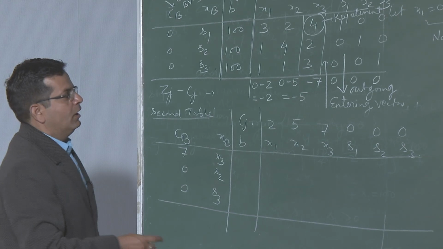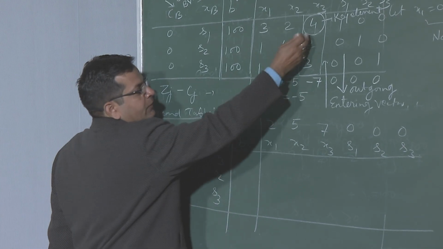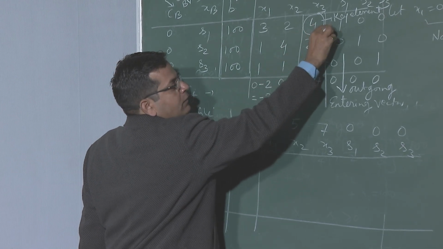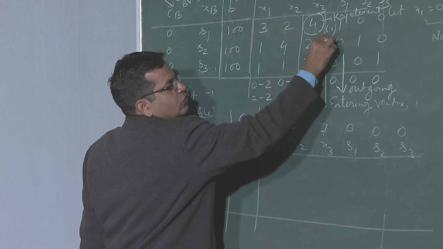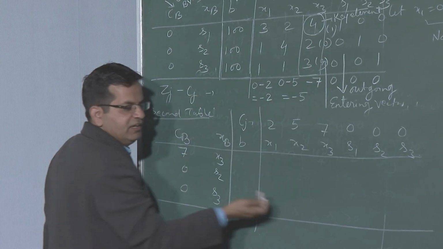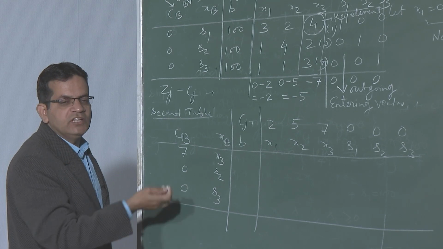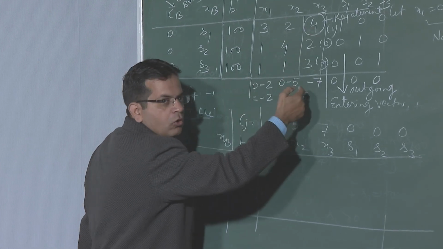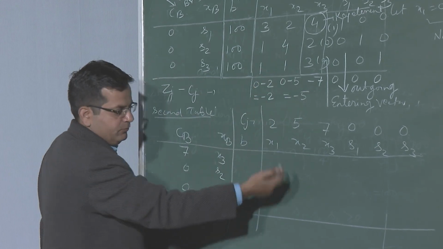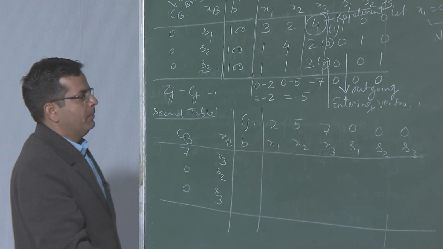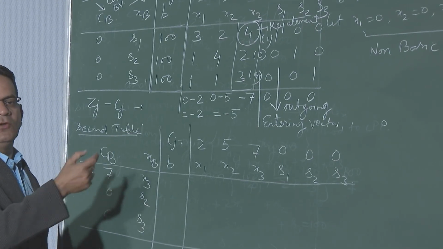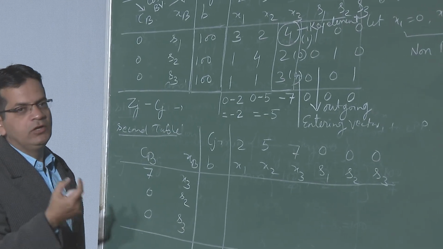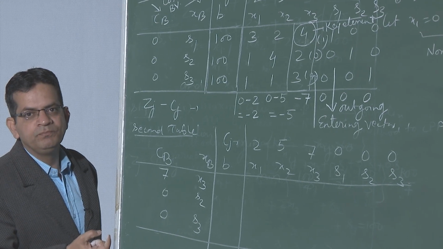It means we have to make this 4 1 2 0 and 3 0 in the next table using the key element. So we use the key element to make 1 0 0 from the first table to the new table, and all the multiplication and division we will do with the key element row only.